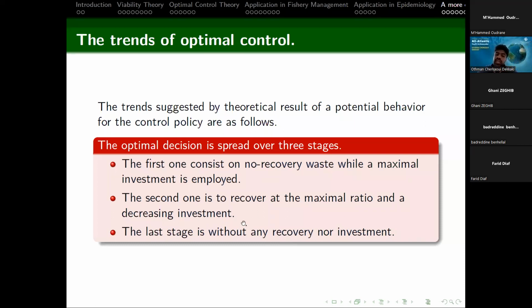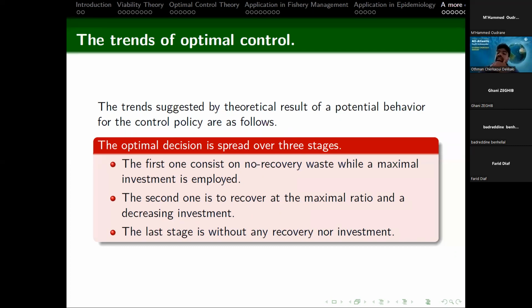The second phase is to recover at a maximum ratio, meaning you will work by transforming 100% of the waste all day, with a decrease in investment, meaning you will not invest as much as you used to.